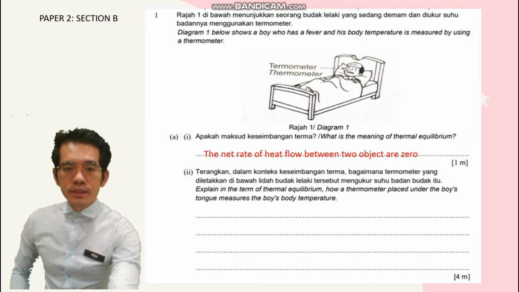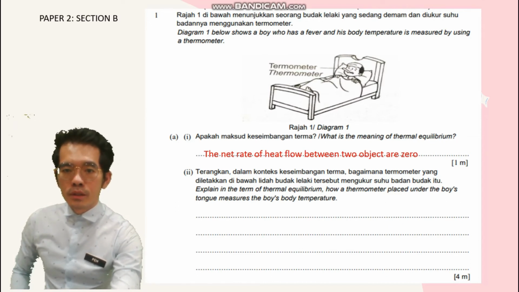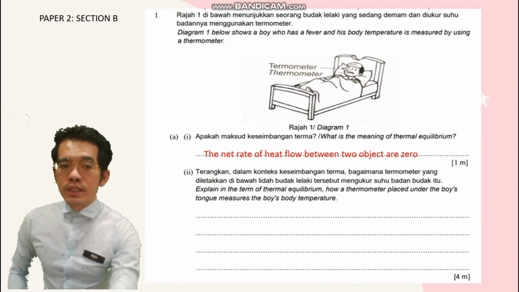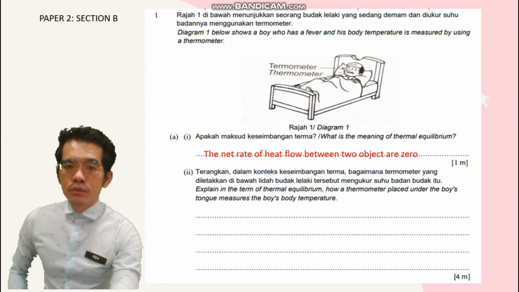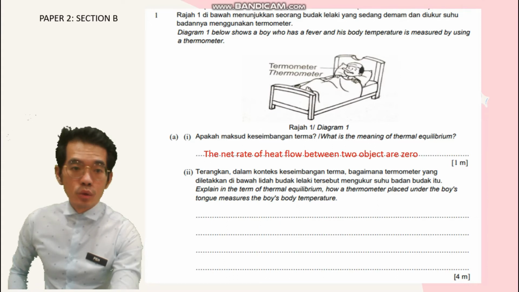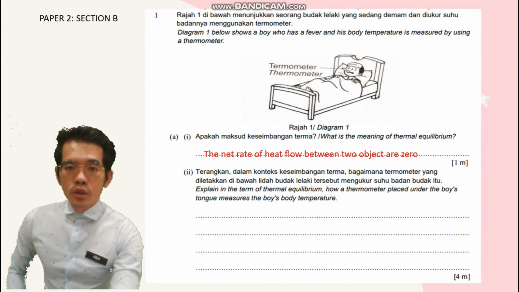Question number 2. Explain the term thermal equilibrium. How does a thermometer placed under the boy's tongue measure the boy's body temperature? So firstly, you may discuss which object is hotter and which object is colder in this situation. In this situation, the body temperature of the boy will be higher compared to the thermometer.